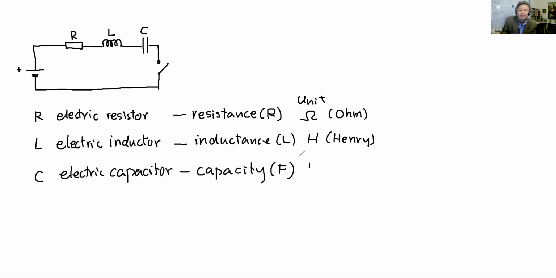Sorry, the notation for the capacity is C, just the first letter, and the unit is the farad. F for Faraday.